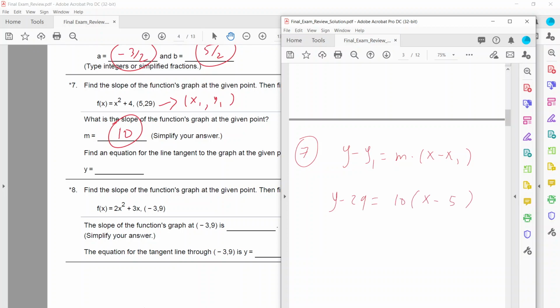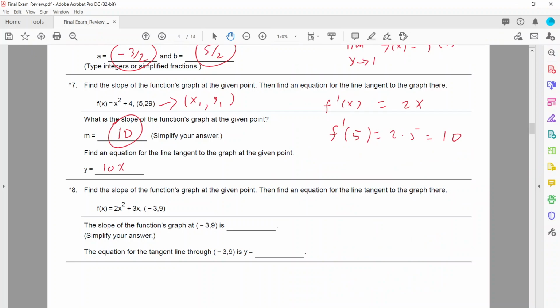Just do the simplification and bring this 29 to the right side. So y equal, distribute this 10, that will be 10x minus 50, and then if you add 29 to both sides, that will be y equal 10x minus 21. This is the equation of the tangent line at that point. So y equal 10x minus 21.